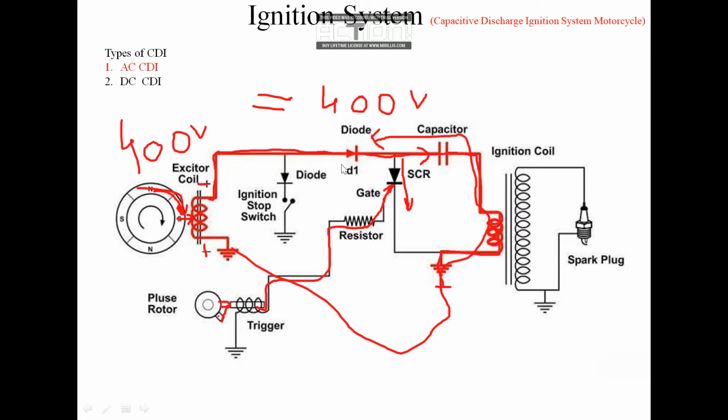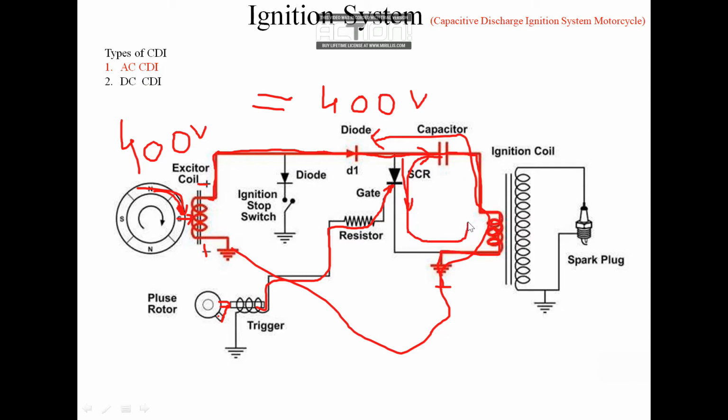As soon as the polarity changes, the discharging cycle of the capacitor starts, and during that time this trigger comes in front of the pickup coil. So the pickup pulse or trigger pulse is sent to the transistor or SCR, and the capacitor starts to discharge in this way.